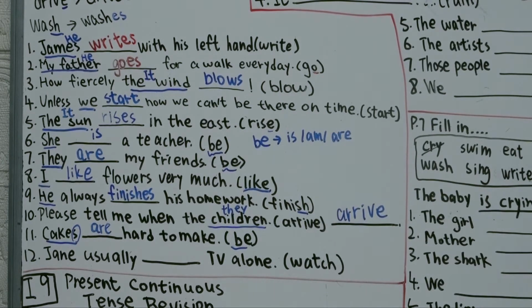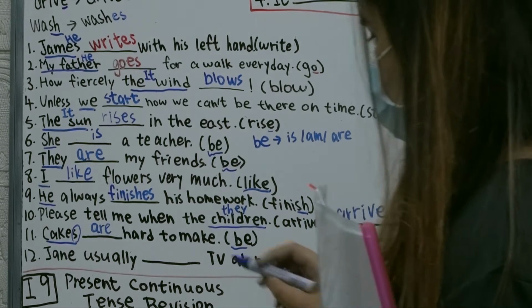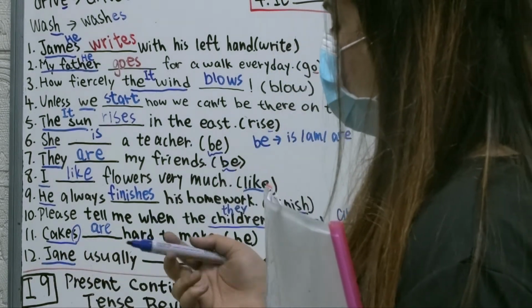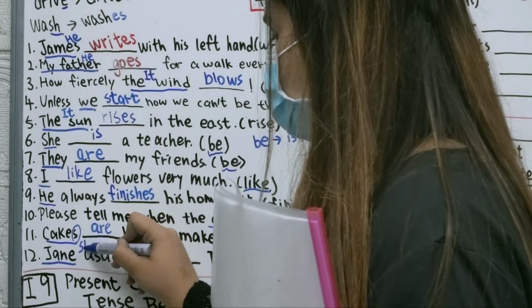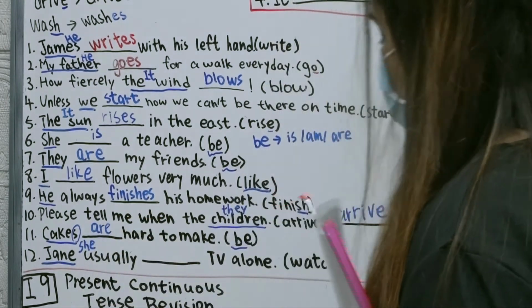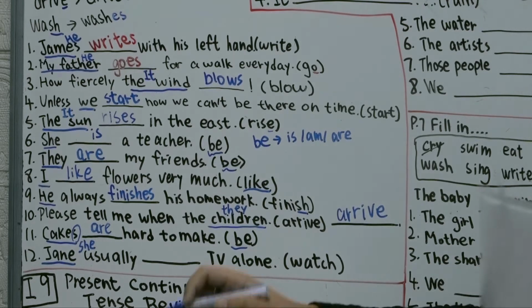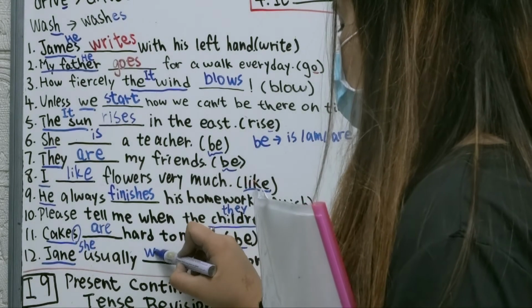Number 12, it says Jane usually watches TV alone. Subject Jane, right? She's a girl, so we use the subject pronoun she. For the subject she, we have to change the verb. Watch becomes watches. Good.